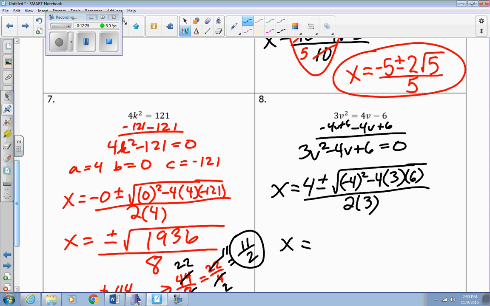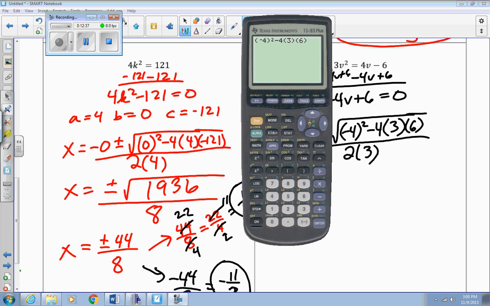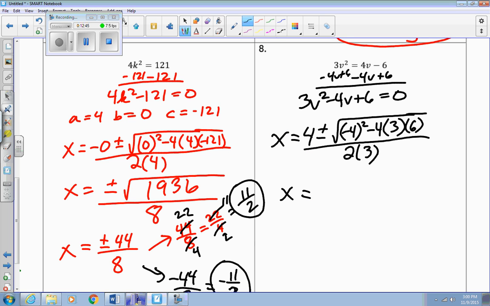Let's put the discriminant underneath the radical into the calculator, hit enter, and you get negative 56. So we have 4 plus or minus the square root of negative 56 over 6.